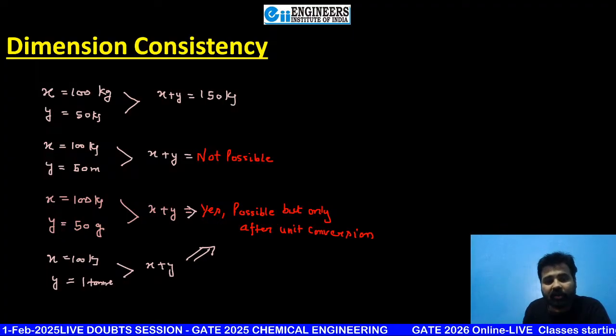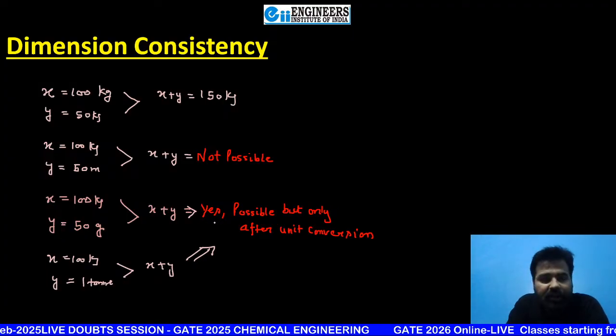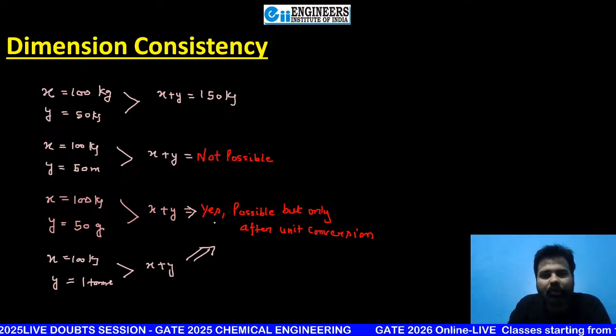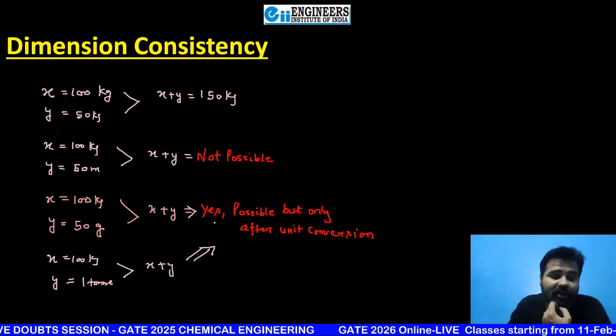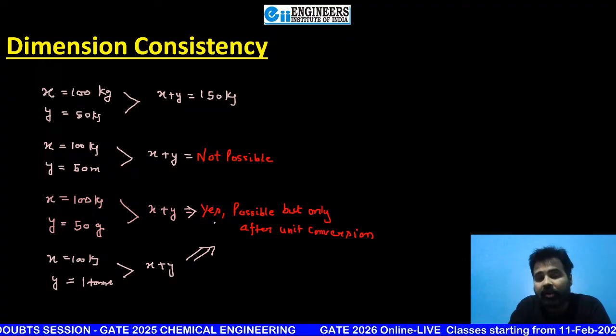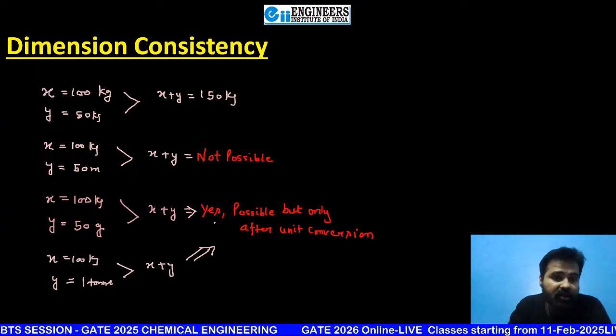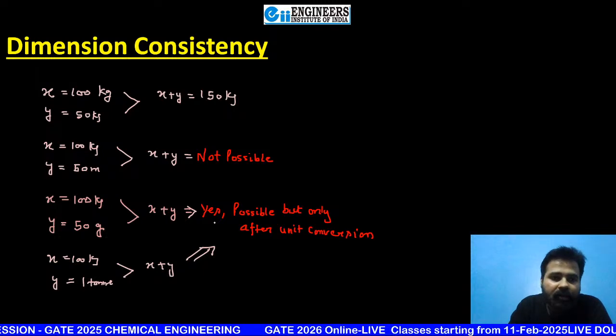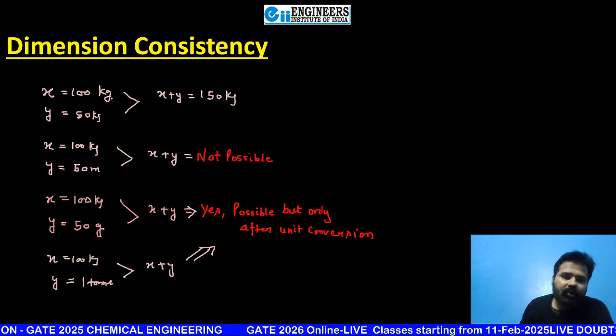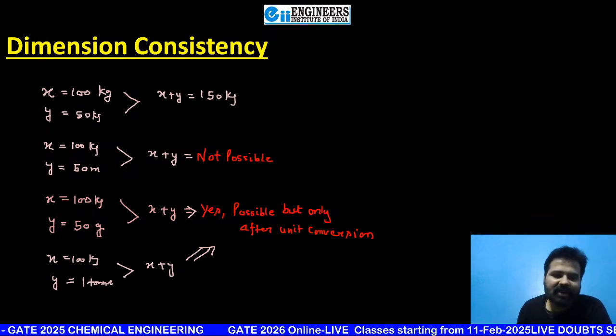After unit conversion. You can't check possibility by units. Here the unit is kilogram and ton, but it is still possible. Kilogram and gram is also still possible. So you have to check their dimensions, beta.